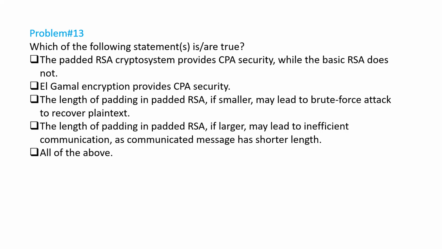Whenever an encryptor or a sender encrypts some new message M, it chooses some random value Y from the set Zq, where q is the size of the cyclic group G. Okay, it chooses some uniformly random Y and provides the ciphertext as C1, C2, where C1 has the form g to the power Y and C2 has the form of M into h to the power Y, right? Where h is g to the power x available as public key, right?